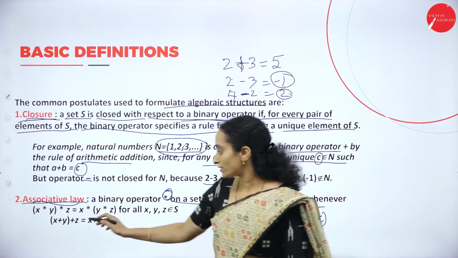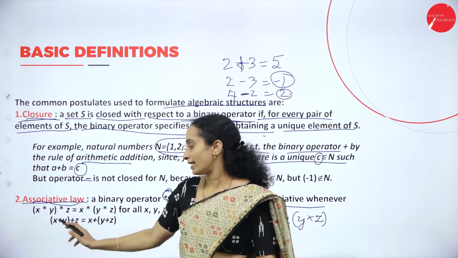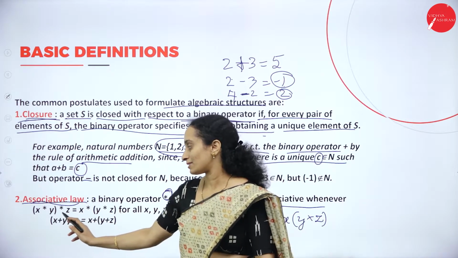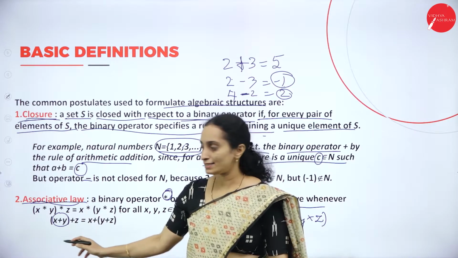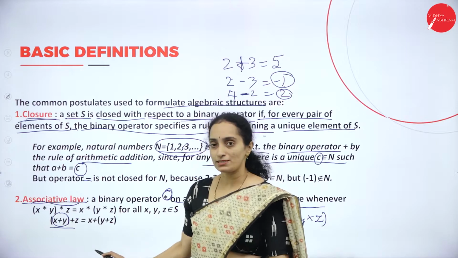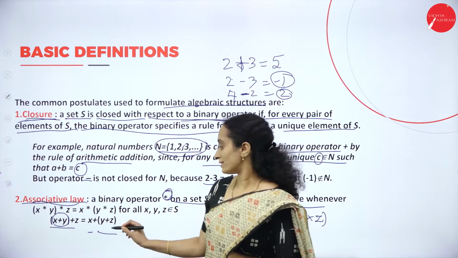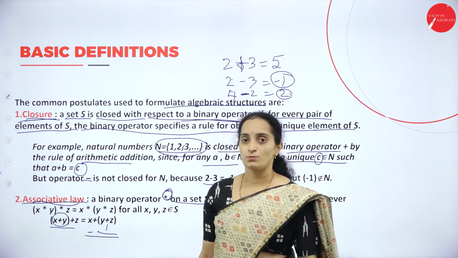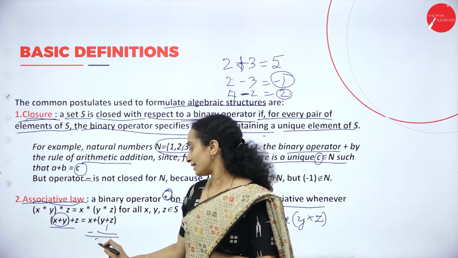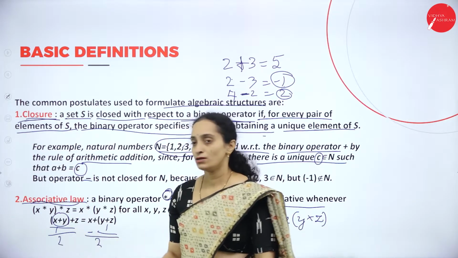Along with that, you can have another expression, x plus y plus z. X plus y is an expression, plus z is another expression. This must be equal to x plus y plus z. Here it is an expression, x plus y plus z is another expression. Here it is 1 and this is 2.